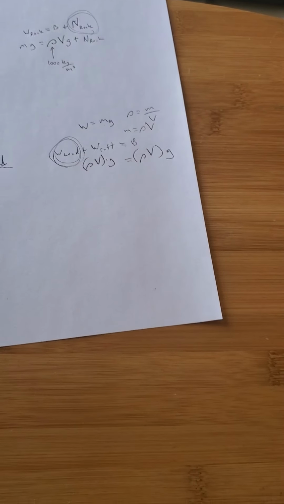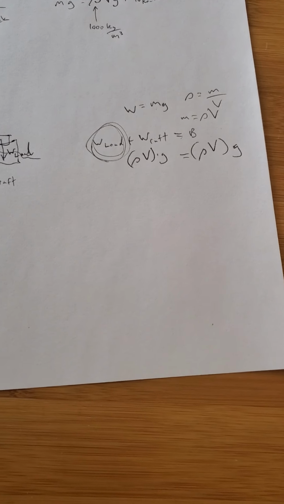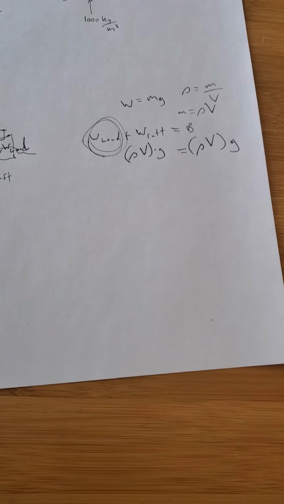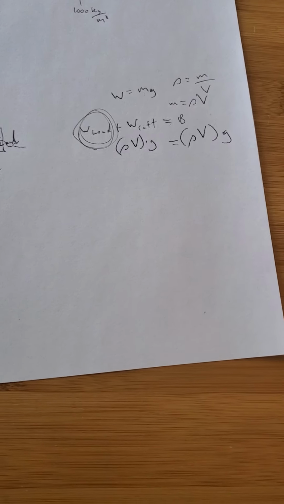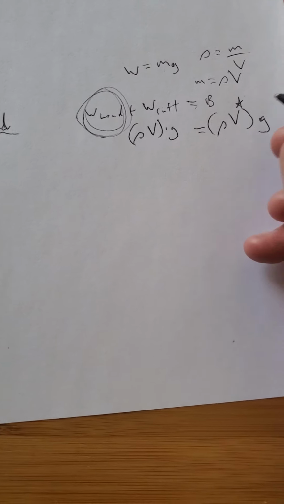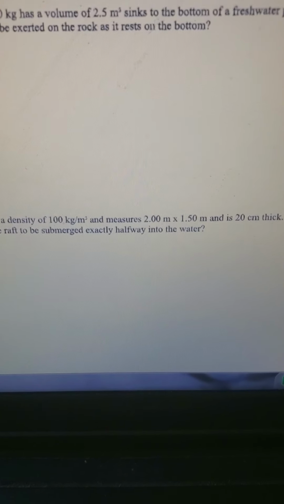Now here's where things get tricky. The raft side is actually pretty cut and dry. The raft's volume doesn't change, nor does its density, nor does 9.8 meters per second squared. But what volume are we going to plug in for the displaced water here? Well, remember what the physics lawyer said before. We want it to be submerged exactly halfway into the water.